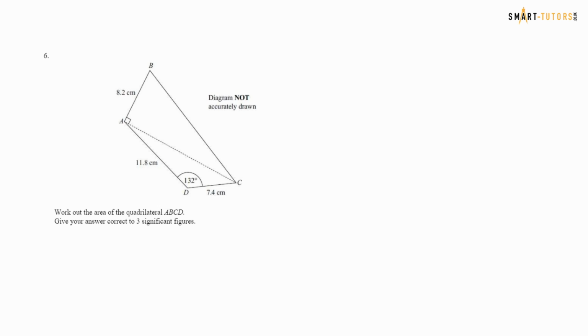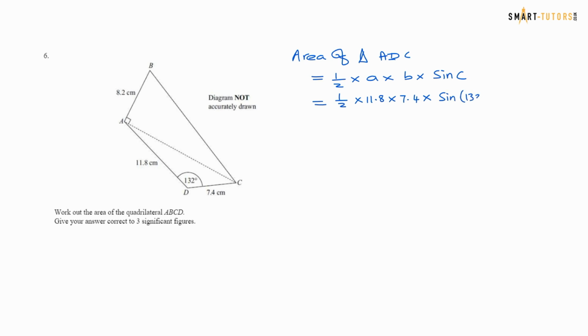First of all, the area of triangle ABC equals half times a times b times sine C. So which is half times 11.8 times 7.4 times sine 132.